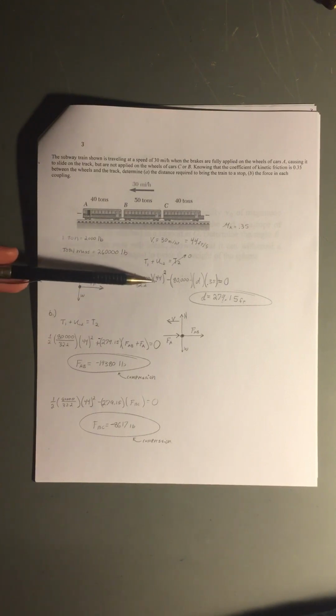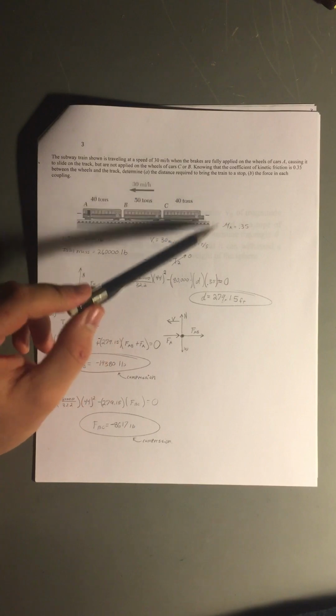And then all we have to do is plug in what we know here. For this first term of kinetic energy, we have the weight of the entire train divided by gravity to give us the mass, and then we multiply by our initial velocity squared, and then we're subtracting off the force of friction here, which we know is the normal force times the coefficient of friction, which was given to us in the problem, that was 0.35.